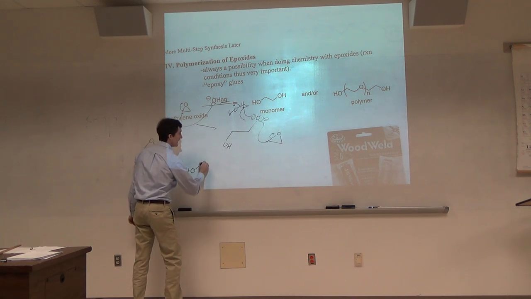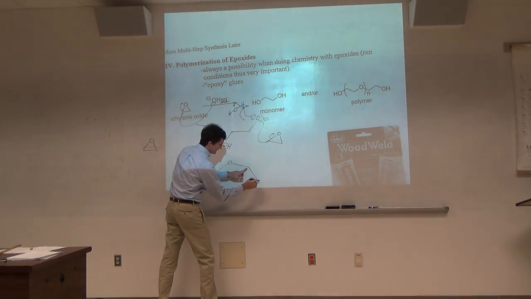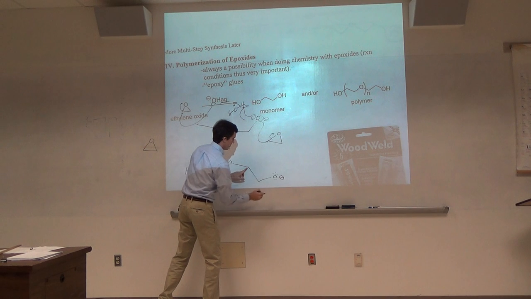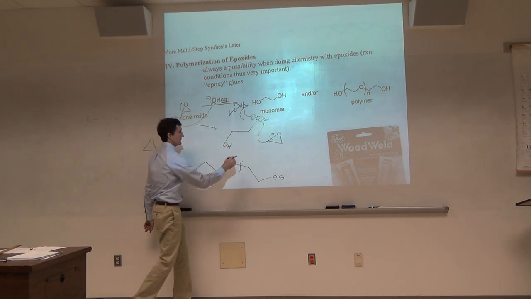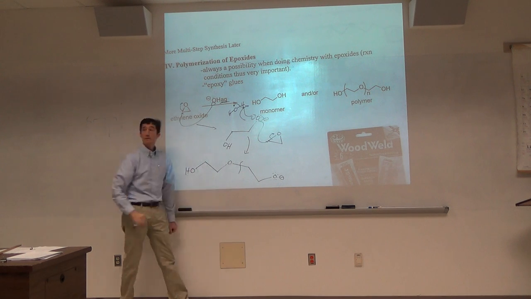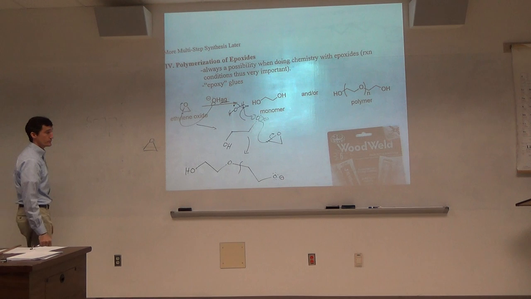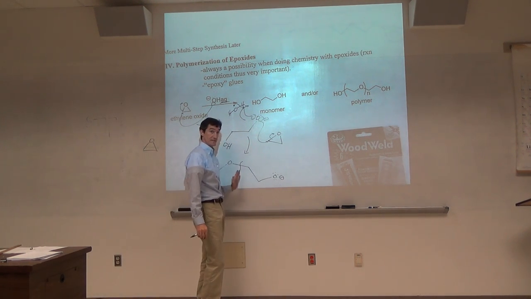The nucleophile, which was this, added to the carbon, there's the 2 carbons, opens it up, and we just made that bond. We could get this. Now this could pick up a proton and become a dimer.